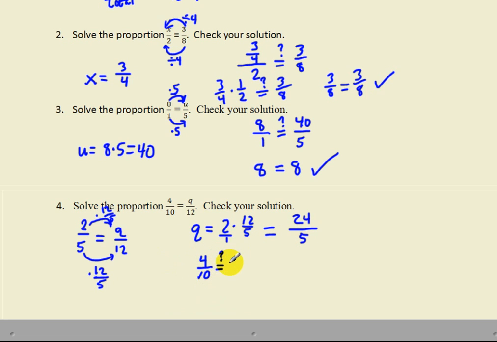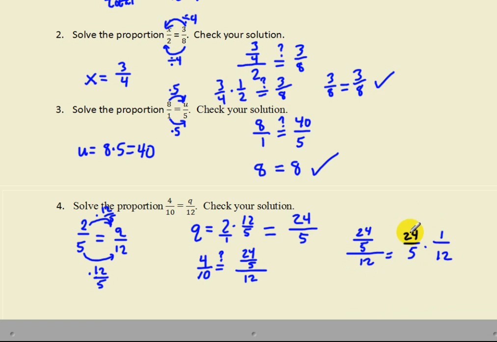Does 4 over 10 equal 24 over 5 all over 12? Well, 24 over 5 all over 12 is equal to 24 over 5 times, and then instead of 12, 1 over 12.